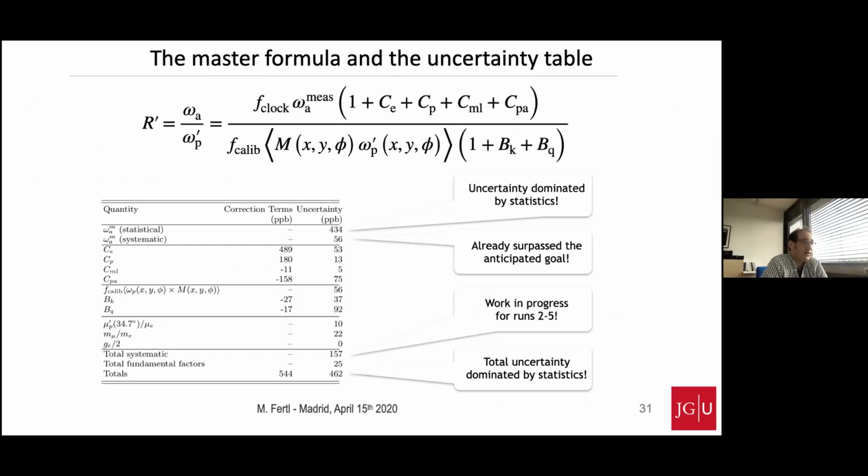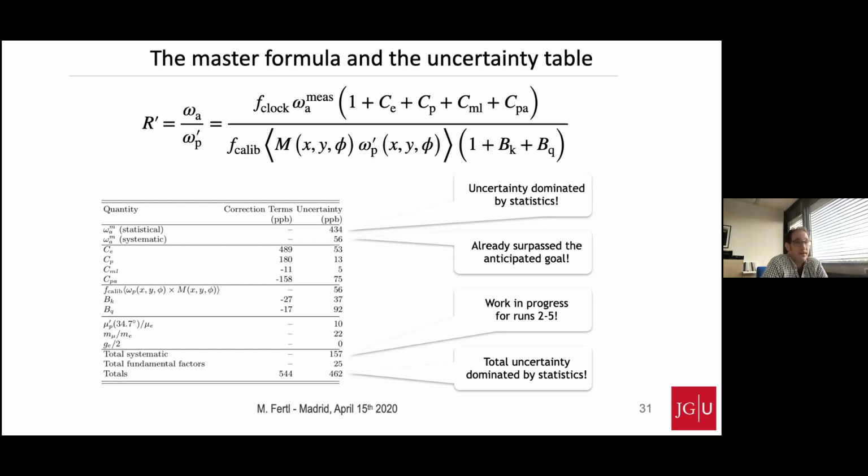The systematics in this case already surpassed the anticipated goal, but on the field side, there is more systematics that we have to work on, and also on the beam dynamics. But the takeaway is really that we are working on improving our systematics for run 2 to 5, and currently we are totally dominated by the statistics.